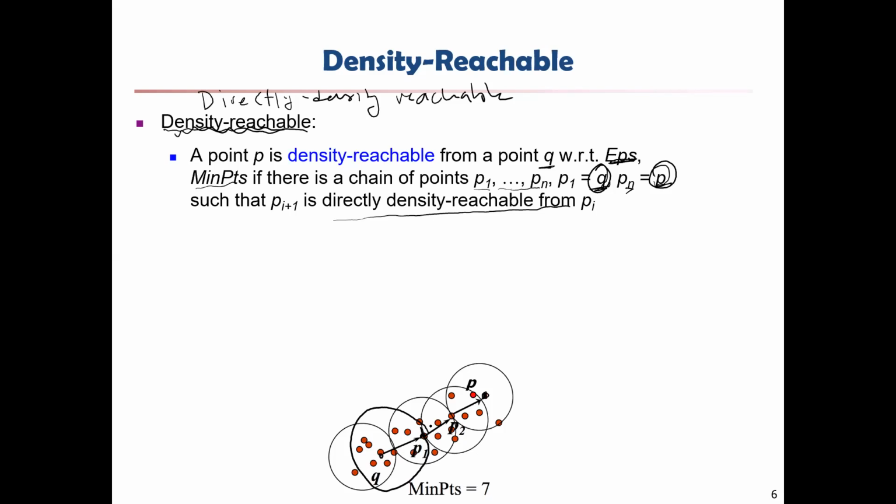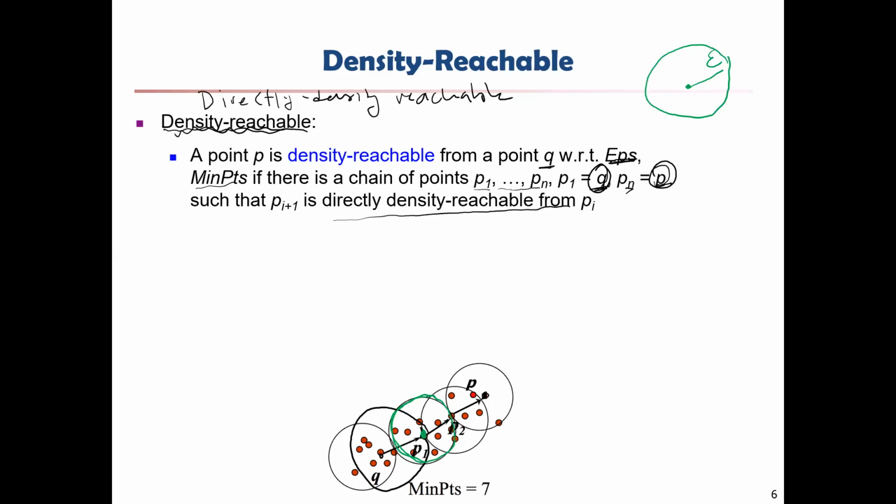After this point, let me change the color for you; let me make this green. Look at this P1 that I just reached. I draw a circle around it. Why do I draw a circle? Because I talk about the epsilon neighborhood, which is the radius of the imaginary circle that I draw around myself.